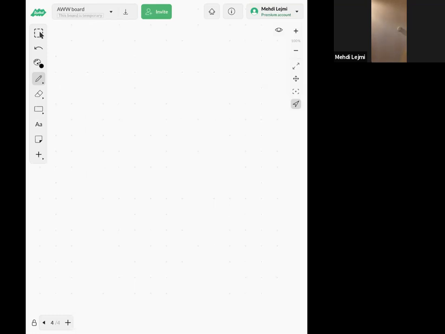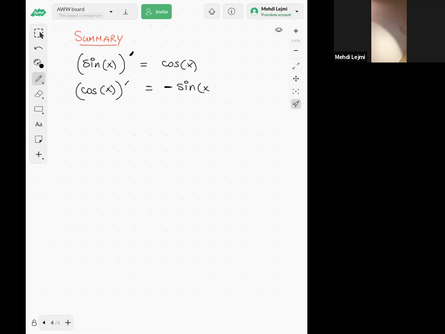The derivative of sine of x is cosine of x, and the derivative of cosine of x is minus sine of x.